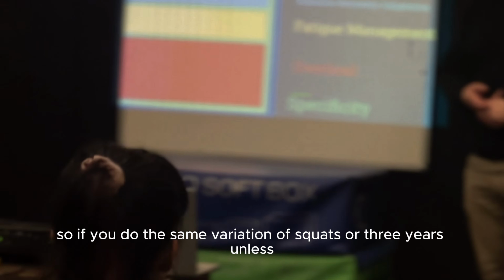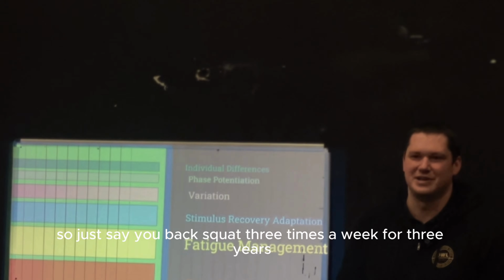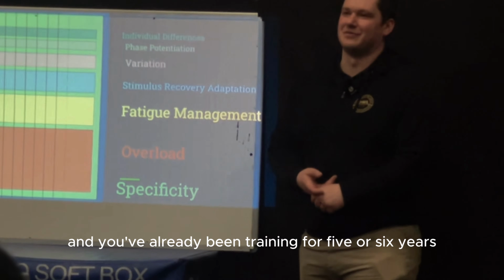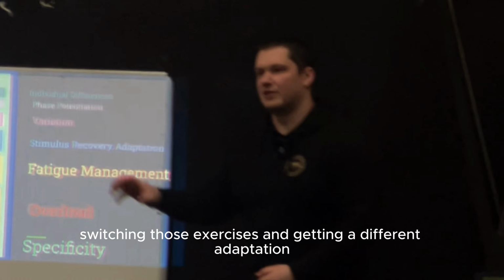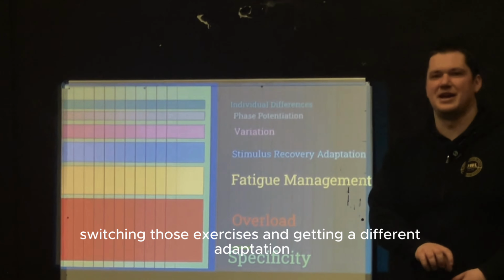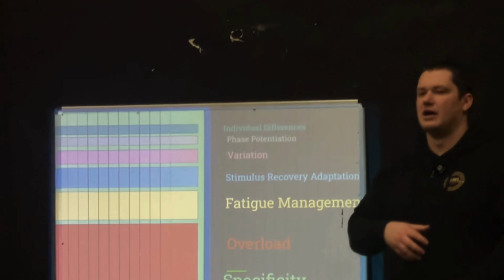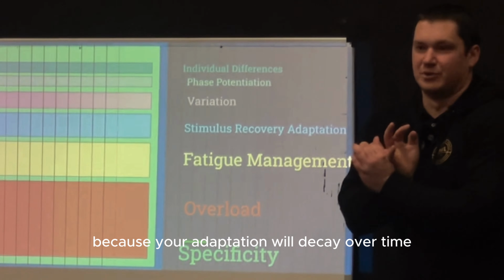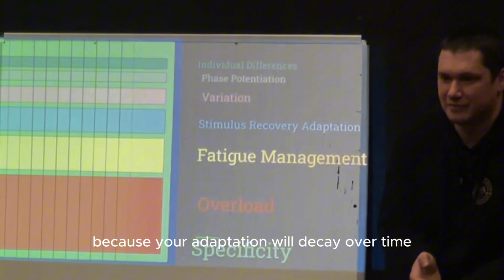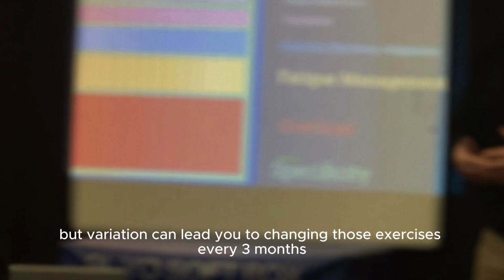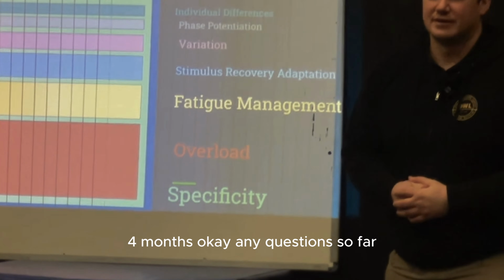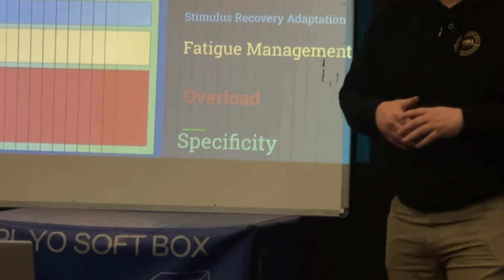So if you do the same variation of squats for 3 years, and let's just say you back squat 3 times a week for 3 years, and you've already been training for 5 or 6 years, you could benefit from switching those exercises and getting a different adaptation, a different angle on the joint or the muscle, because your adaptation will decay over time. That doesn't mean you can't cycle back to what you were doing, but variation can lead you to changing those exercises every 3 months, 4 months. Okay? Any questions so far? No?